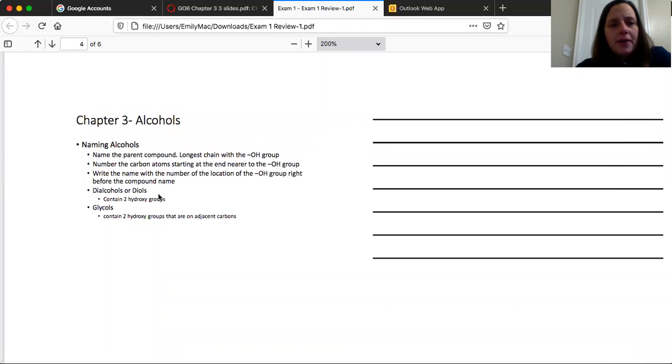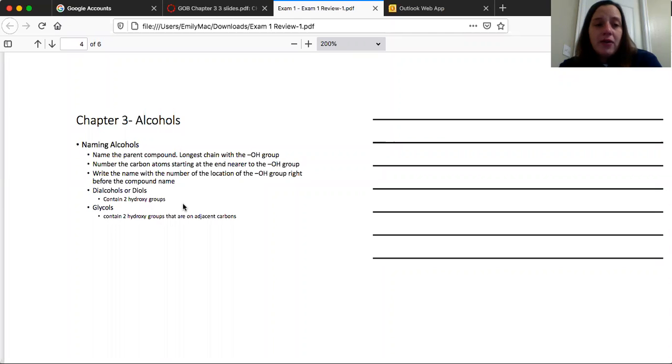Okay. So naming alcohols, we're going to name the parent compound with the longest chain that has the OH group, like we were just talking about. We're going to start numbering the carbon chain nearer to the end of the OH group. And then write the name with the number of the location of the OH group right before the parent name, kind of like we did with the alkenes and the alkynes.